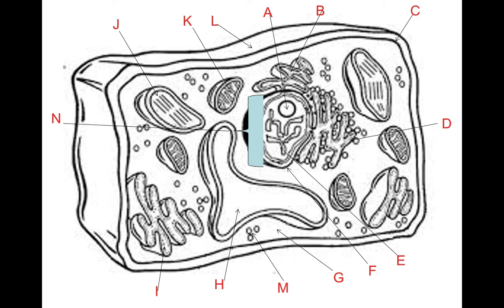Well, that means not only do you have to know what J is, but then you also have to know the function of it. Because I might not have listed out chloroplast and what it does. I might just have it undergoes photosynthesis, or it's capturing sunlight to make glucose for a plant cell. So you'd have to read through those questions and be able to discern what it is.